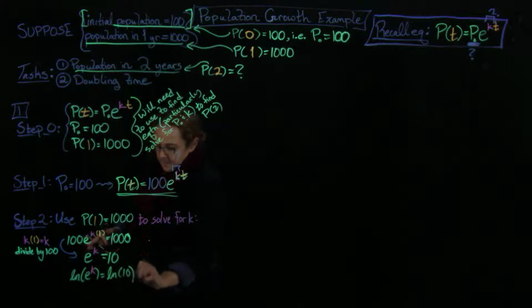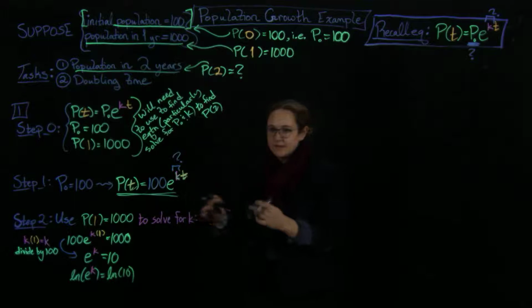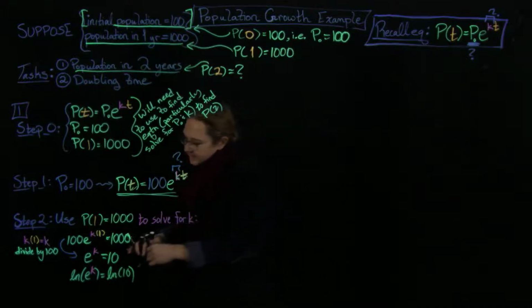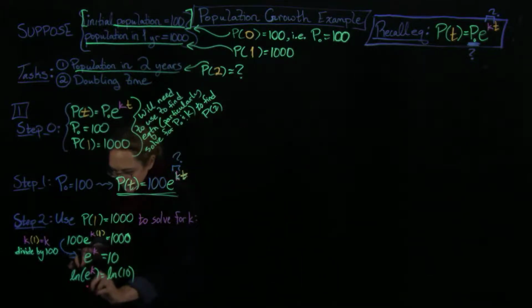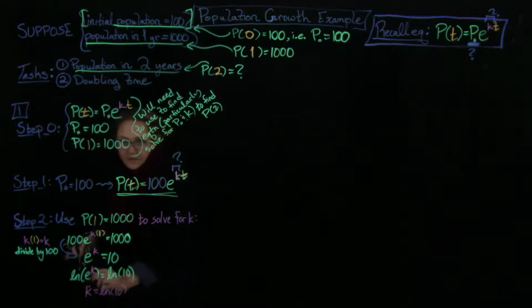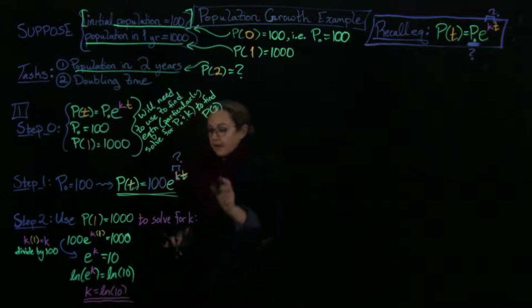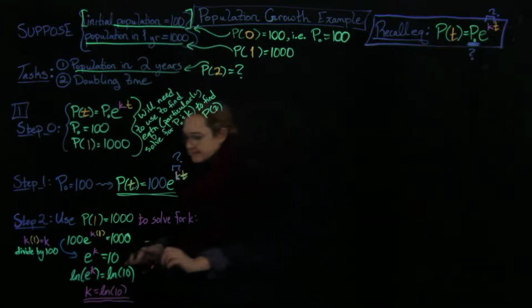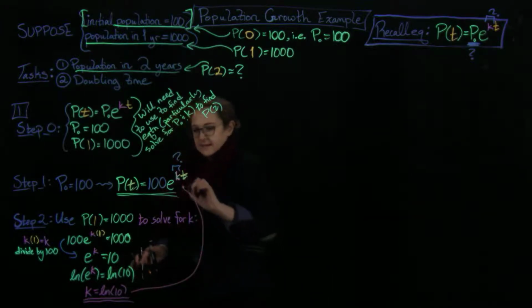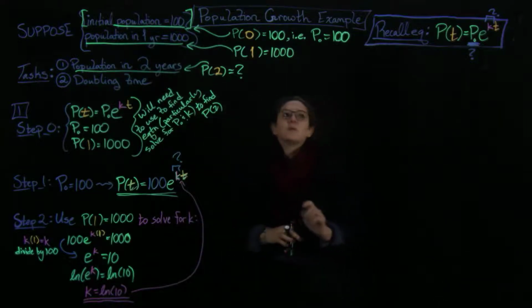The natural log and e undo each other because they're inverse functions, so I just end up with k equals the natural log of 10. Again, I just want to underline this. Don't circle it, it's not the final answer yet, but I will be able to take this and stick it in to answer this. So we'll keep on trucking.